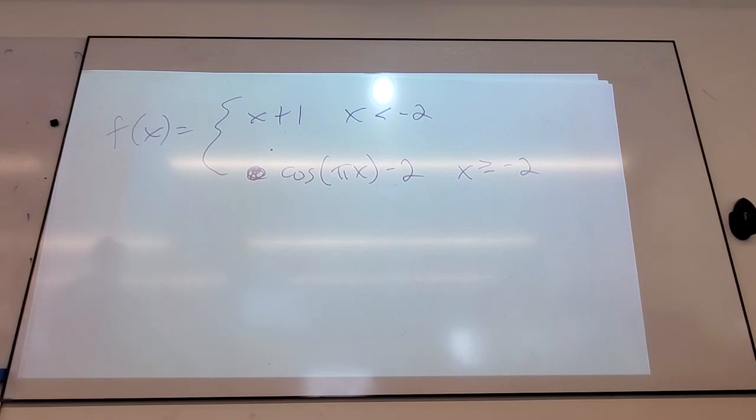Yes? No? Okay. Where's the only place that this function, and I've only written one function up here, could be discontinuous? The only place this particular function could be discontinuous is at -2. And the way I think about it, has anyone ever seen a relay race?